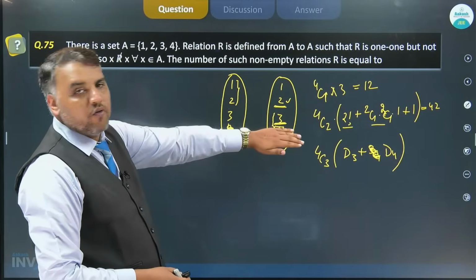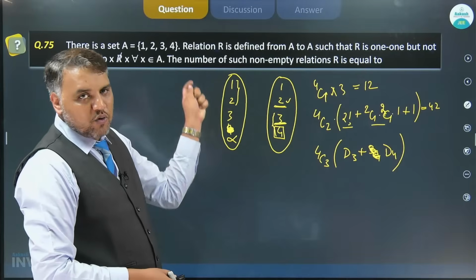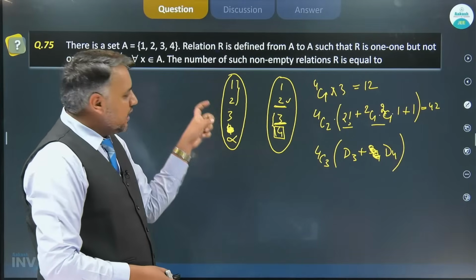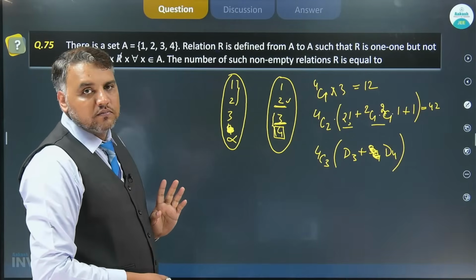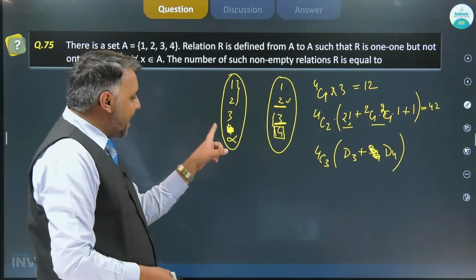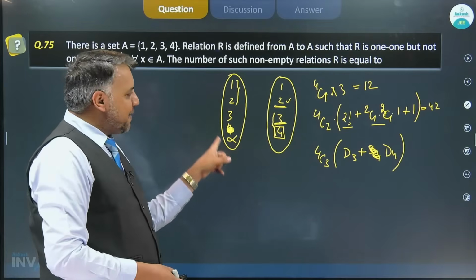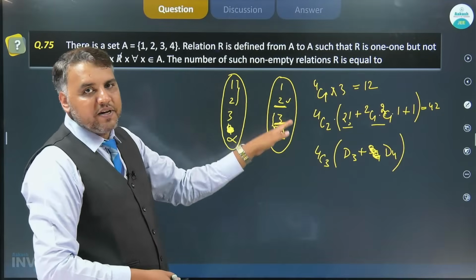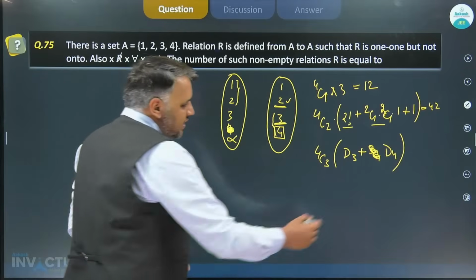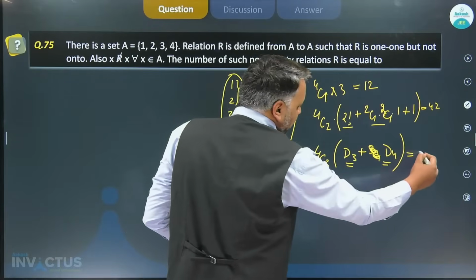D3 अगर 4 इन्वॉल्व नहीं था, और अगर 4 इन्वॉल्व है उस मैपिंग में, किसी एलिमेंट से कोई एलिमेंट 4 पे जाके मैप कर रहा है, तो हम उसके लिए एक डमी वेरिएबल अल्फा रख देते हैं. Now you can do D4, okay, derangement of these 4, ठीक है, because alpha will not go to 4, other element will go to 4. तो जिस पे अल्फा जाएगा वो खाली रह जाएगा, क्योंकि 3 ही एलिमेंट कवर करने हैं ना, तो directly we can say D4. So now this is D4 is 9, this is 2, so I think this is 44.